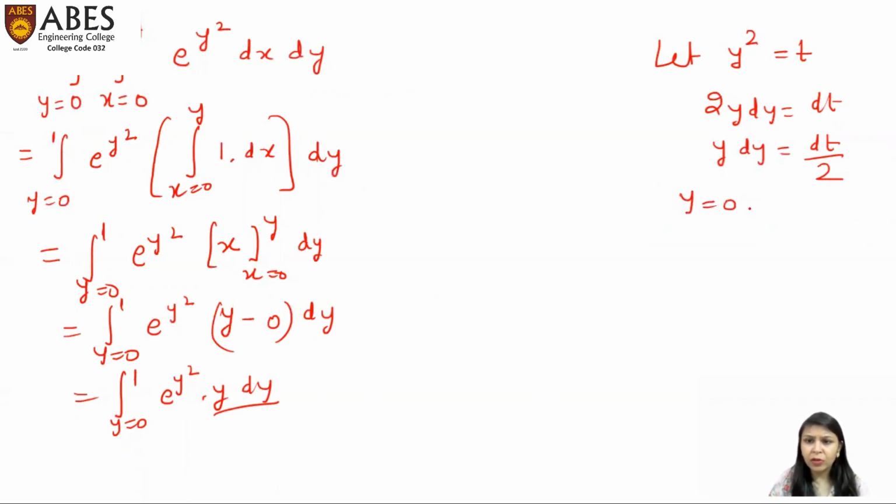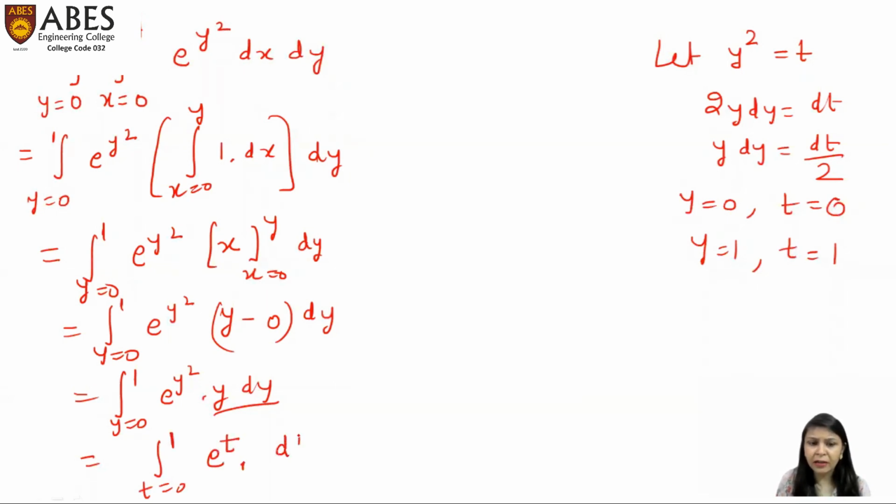Here the limit is y equals 0, so in terms of t, y square equals t; if we put 0 in place of y, the limit of t will be 0. And for y equals 1, the limit of t will be 1. So the whole integration will convert into t, and the new limit will be t equals 0 to t equals 1, exponential t, and y dy equals dt upon 2.